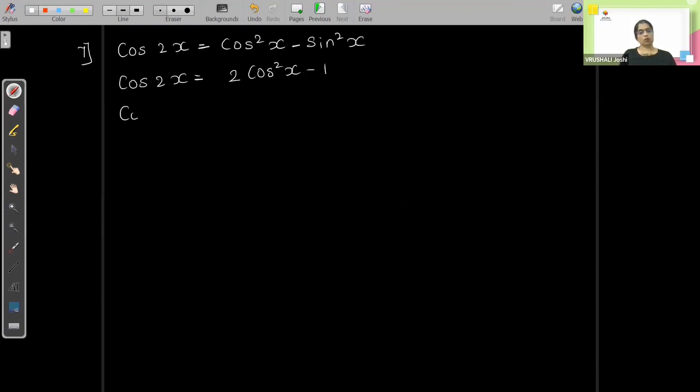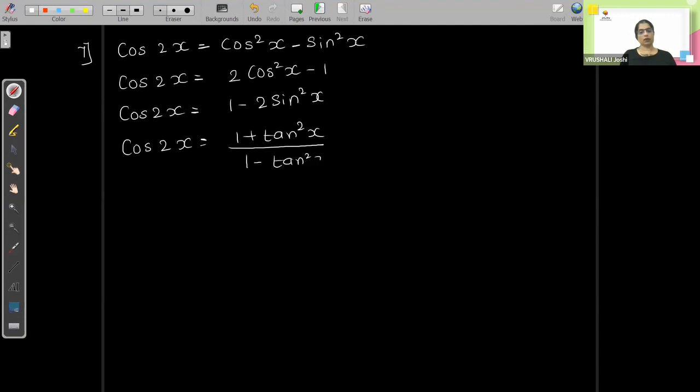Then cos 2x is equal to 1 minus 2 sine square x. Then cos 2x is also equal to 1 minus tan square x by 1 plus tan square x.